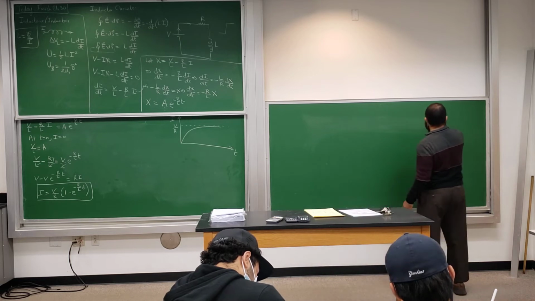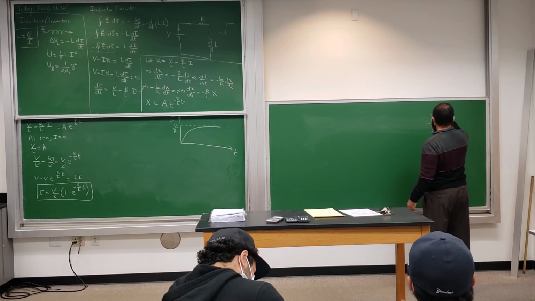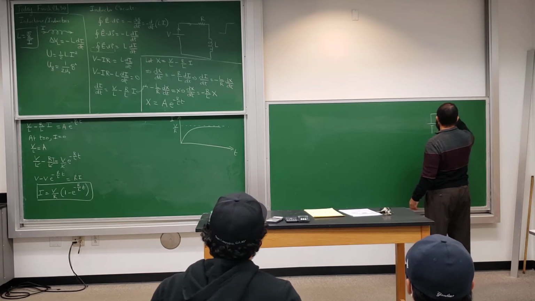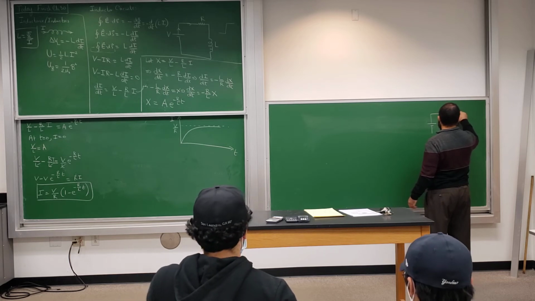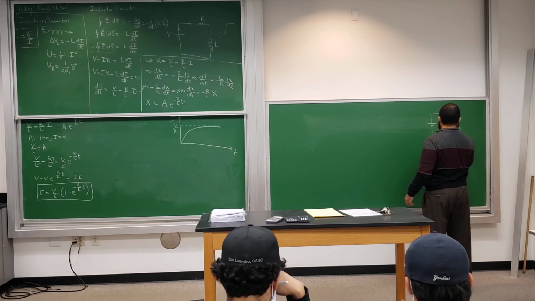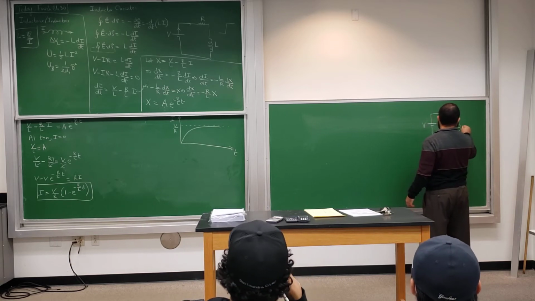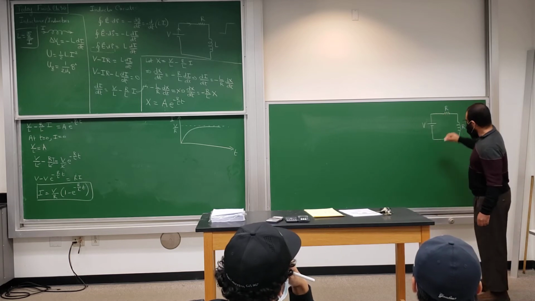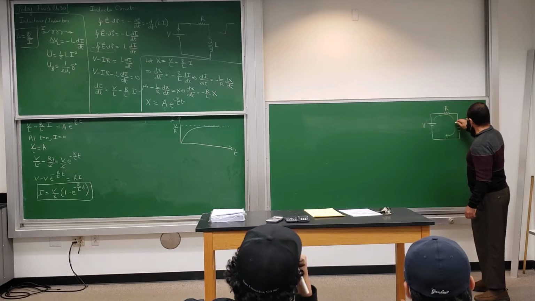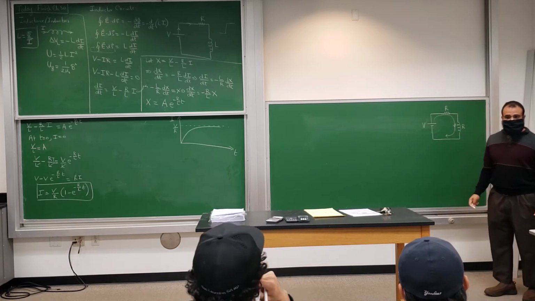Here is the battery, here is the switch, which is now closed, here is your resistor, and here is your inductor, R and L, right? So now there is an established current going this way, and everything is okay.